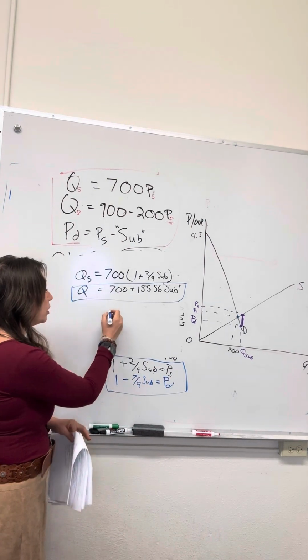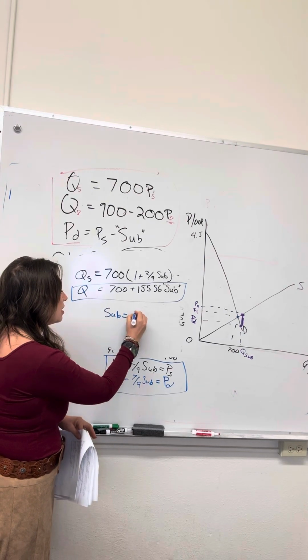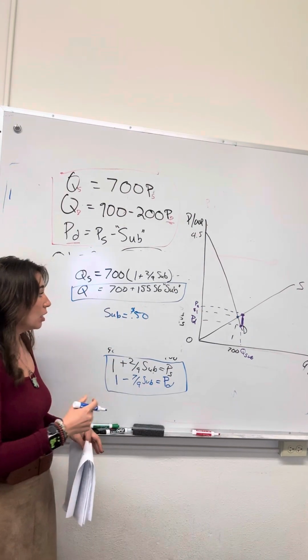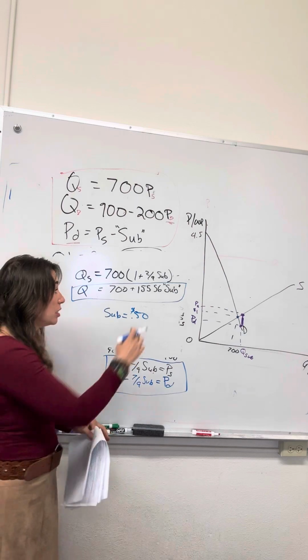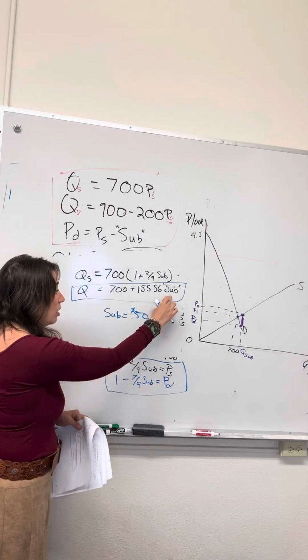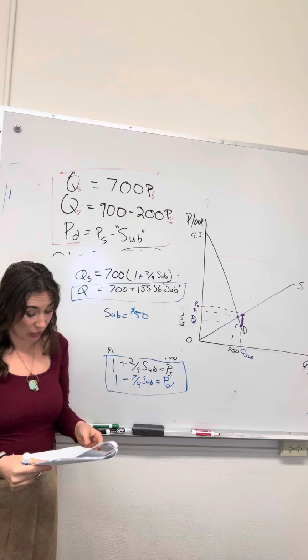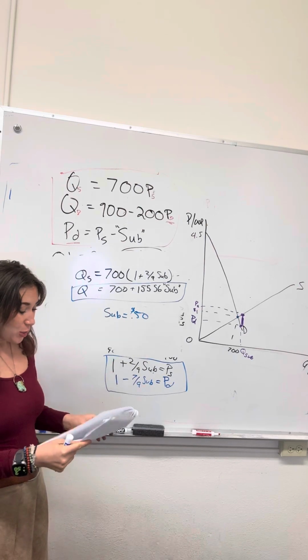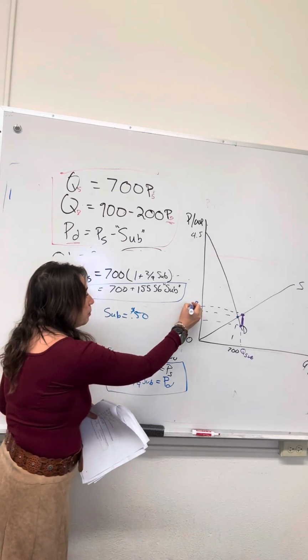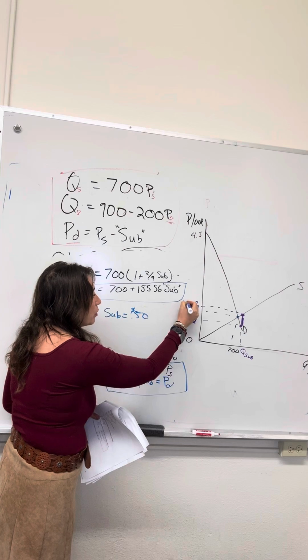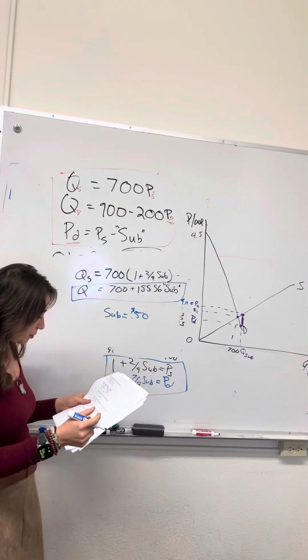In this case, I said let's assess a 50-cent subsidy. That just means anywhere I see the subsidy amount, here, here, and here, I plug in 50 cents on my calculator. When I do that, I get that producers get $1.11.